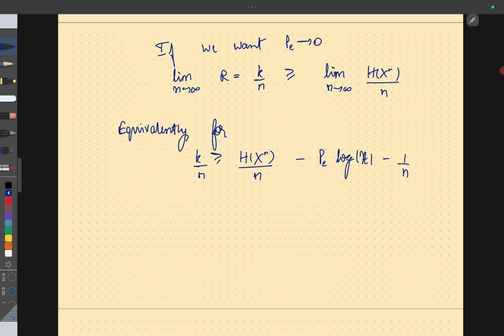Also, what we've seen is that even if we allow a small probability of error, the optimal compression rate can't go below entropy. So entropy is still a fundamental limit of compression, even for fixed length compression with small probability of error. Okay? All right, so let's stop here.